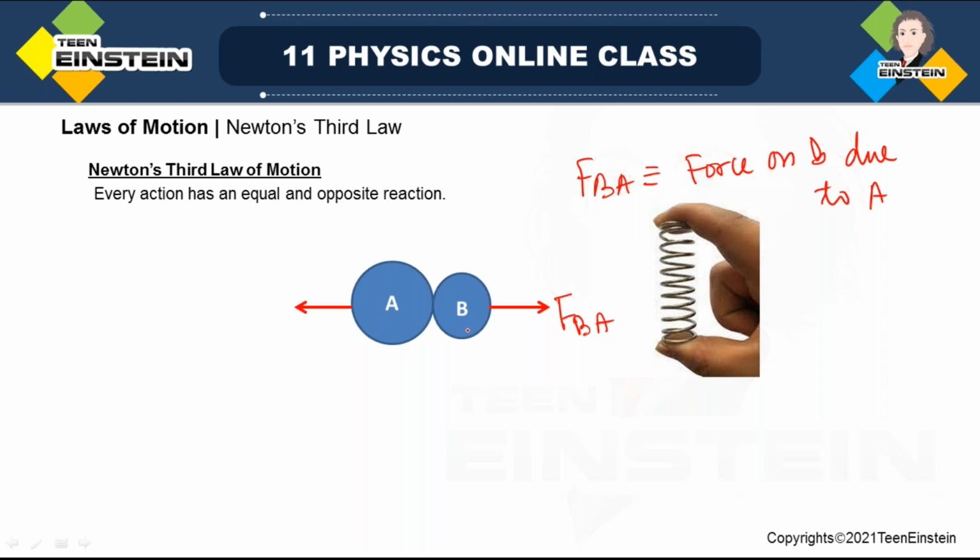Similarly, A also will be experiencing a force exerted by B. This force is called FAB. Obviously you can see these forces are equal and opposite in direction.